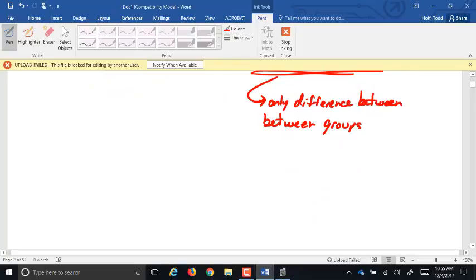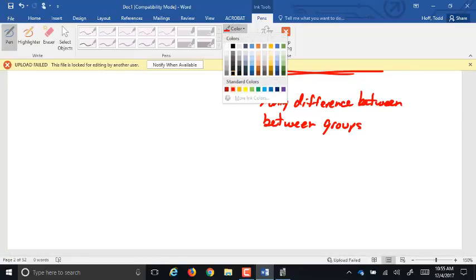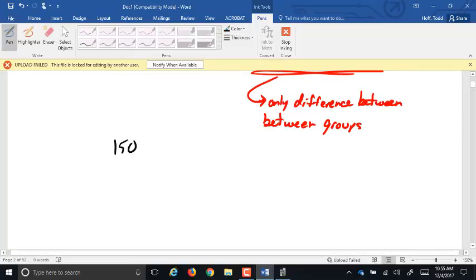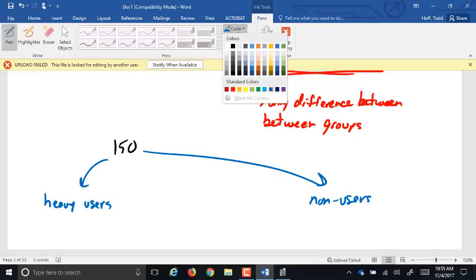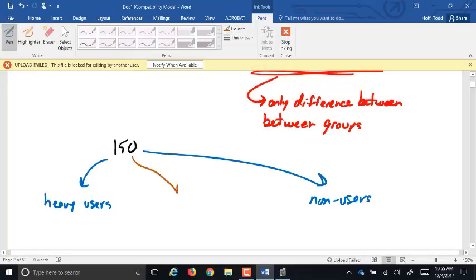So what that means is out of that group of 150, there were some that went into the heavy users. There were some that went into the non-users, but there's also most likely some that were light or occasional users.